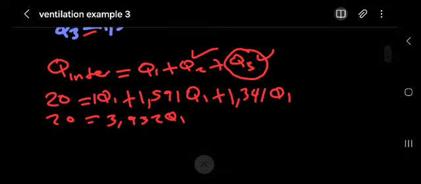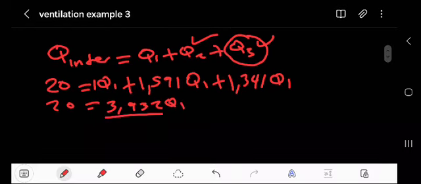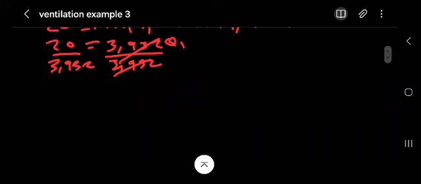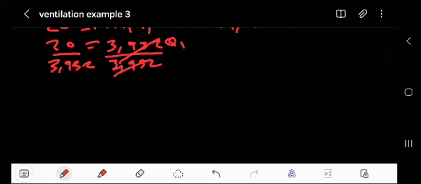Then we divide by this 3.932, and that will cancel. Here we'll have Q1 is equal to 20 over 3.932.